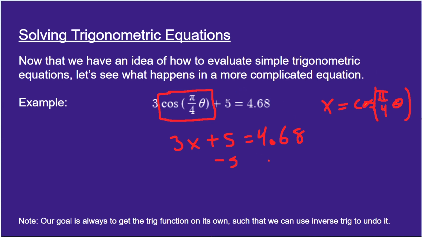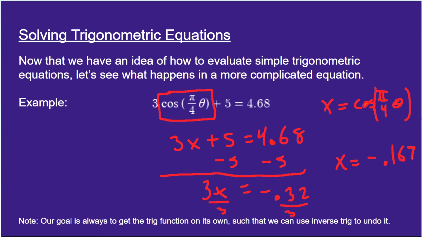We're going to subtract 5 from both sides, and we get 3x equals negative 0.32. And then we're going to divide both sides by 3. So x equals negative 0.1067.